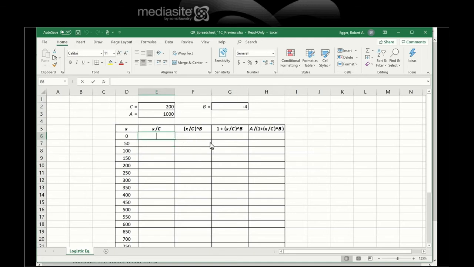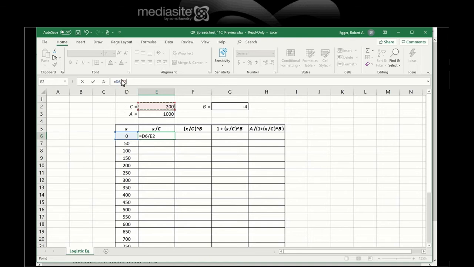Okay, so equals, highlight the cell up here for the formula, equals x divided by c.